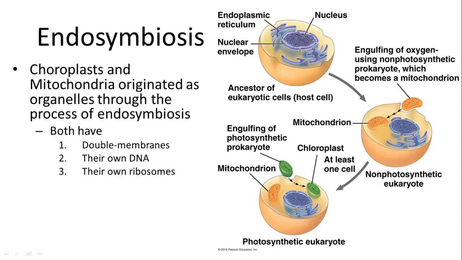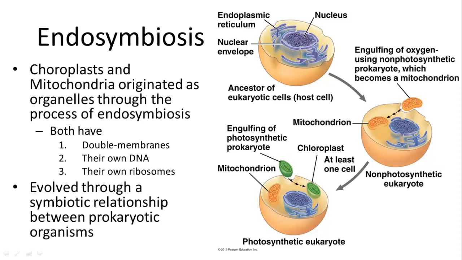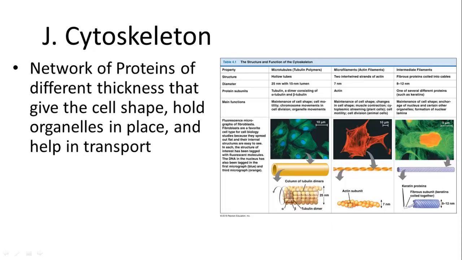But now they have become so dependent on each other that you can't take the mitochondria or the chloroplast out and the cell can continue to live, either cell. Okay, so we call this mutually beneficial relationship a symbiotic relationship, one of a few different types, which occurred through different prokaryotic organisms.